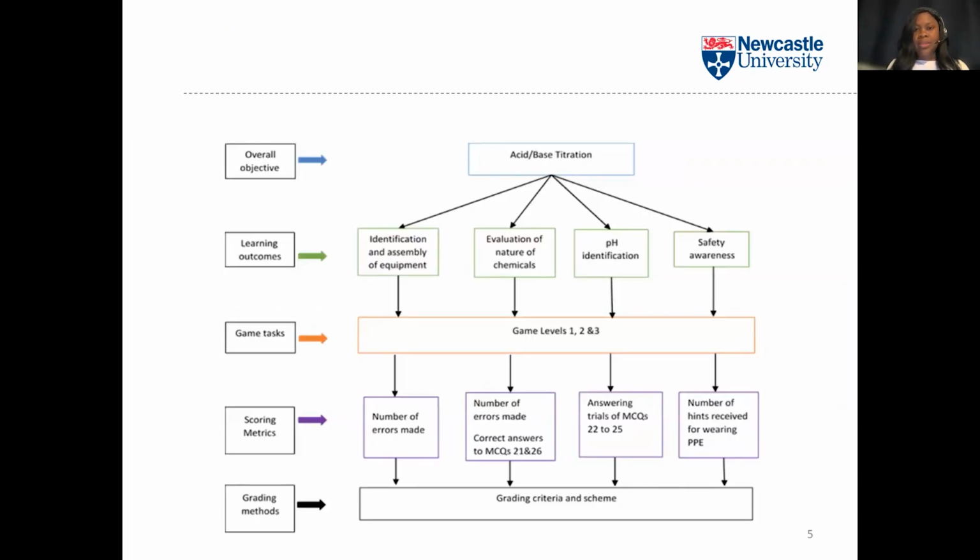So here is the framework for this assessment. The overall objective, like I said, is acid-base titration, and the learning outcomes are specified.